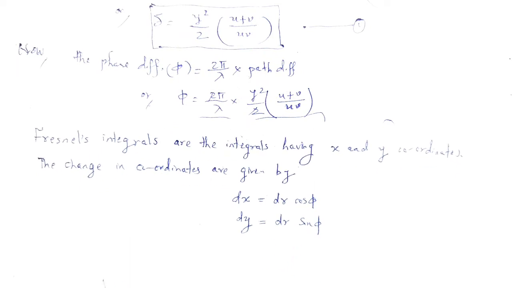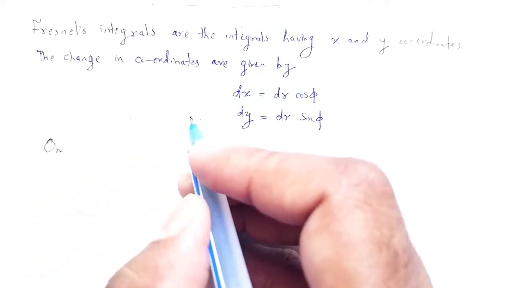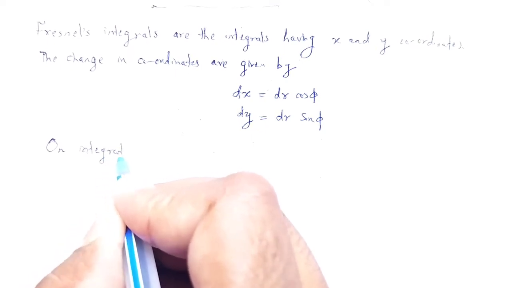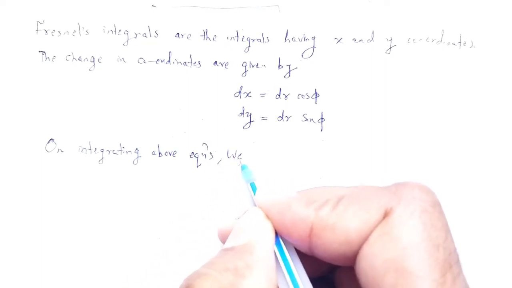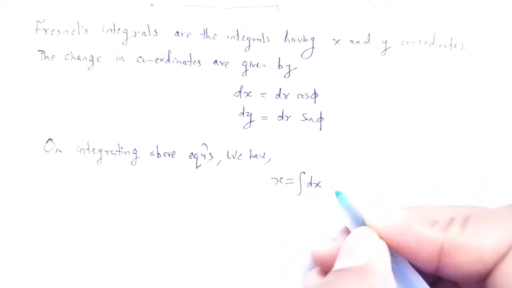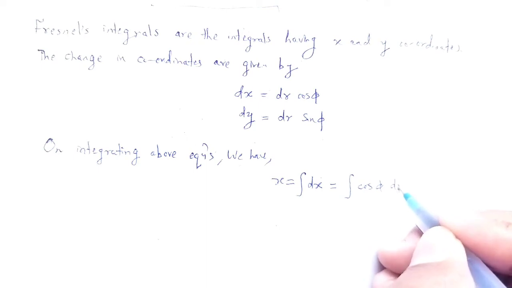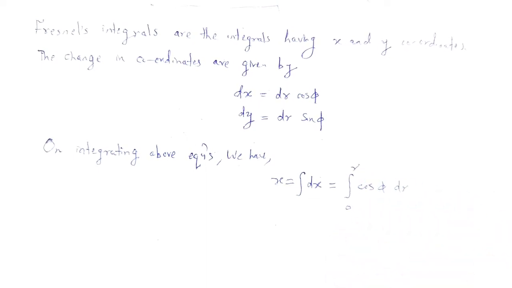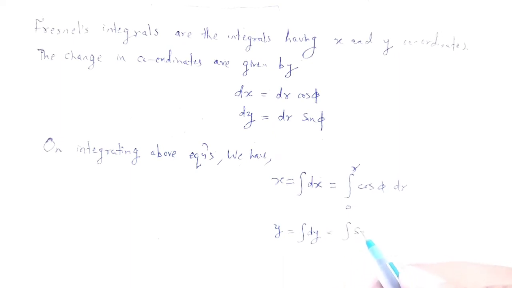On integrating the above equations, we have x is equal to the integration of dx, which is equal to the integration of cos phi dr from 0 to r, and y is equal to the integration of dy, which is equal to the integration of sin phi dr from 0 to r.